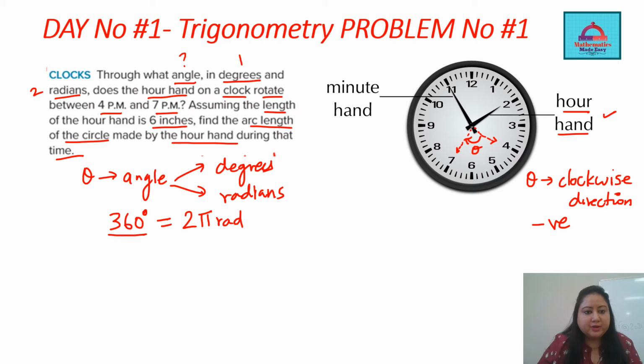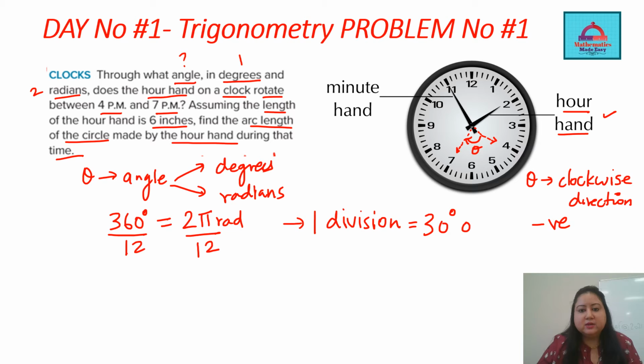I divide by 12. So one division on the clock, moved by the hour, represents an angle of 360 degrees divided by 12, so that's 30 degrees, or in radians pi over 6 radians, right? So this is all about one division.